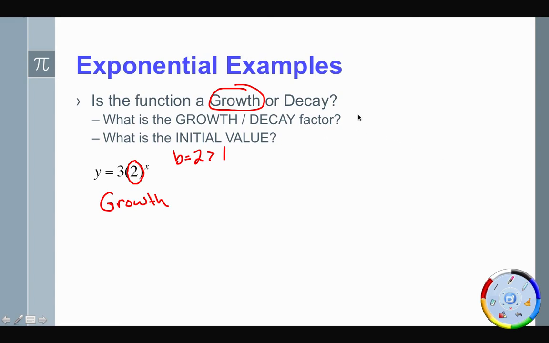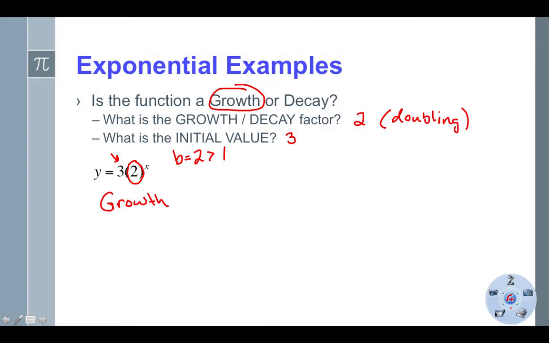The growth factor is 2. And I want to make a note here as we continue. This means the function is doubling as x gets bigger. And the initial value is 3, as that's the value of a, or it's when x is equal to 0. All right, it really is as simple as that when you just look at the equation.